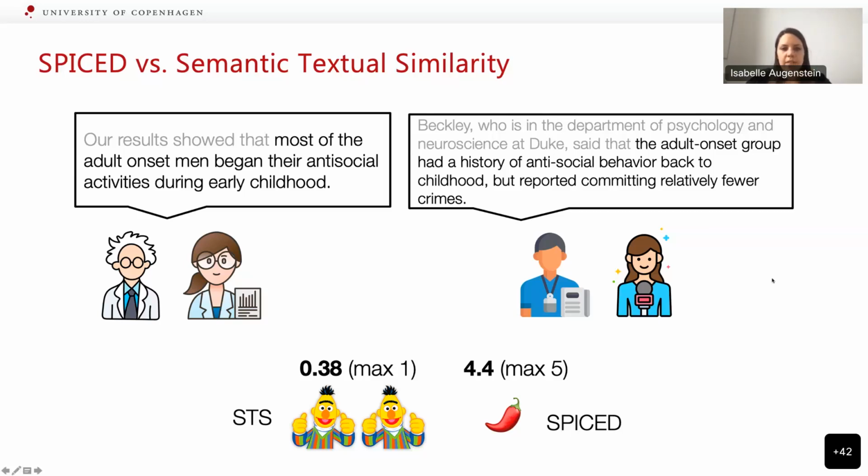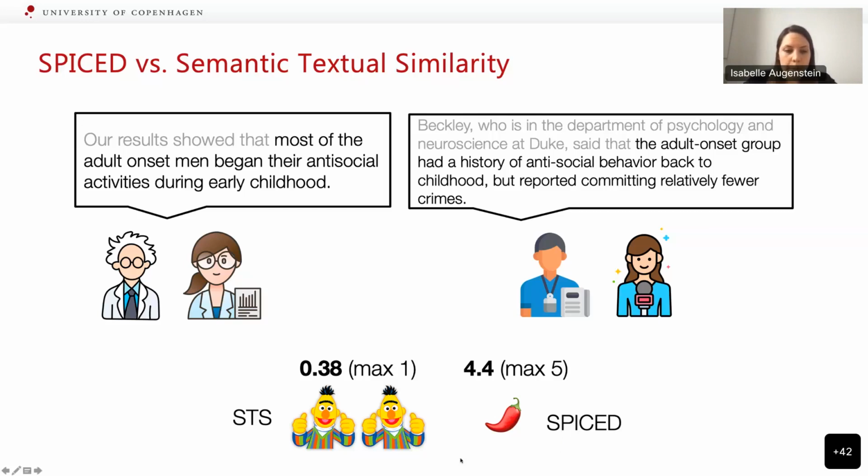And then on the right-hand side, what the reporters report on, saying that Beckley, who is in the Department of Psychology and Neuroscience at Duke, said that the adult onset group, and so on and so on. So all of this additional information is being taken into account by the STS model. Whereas if we train a model based on SPICED, we find that it's actually much more similar.